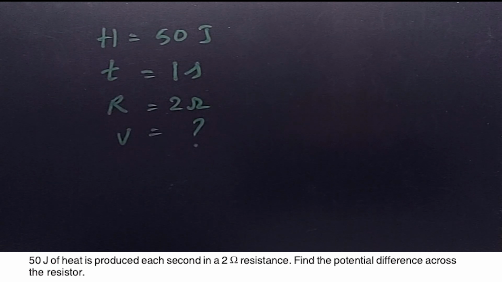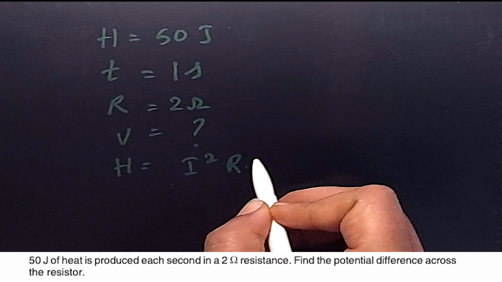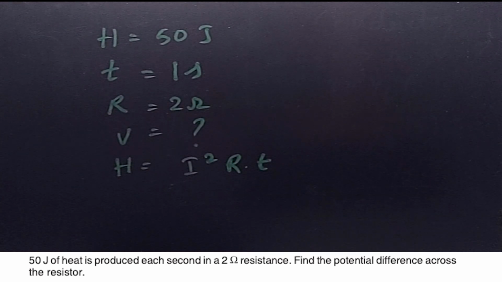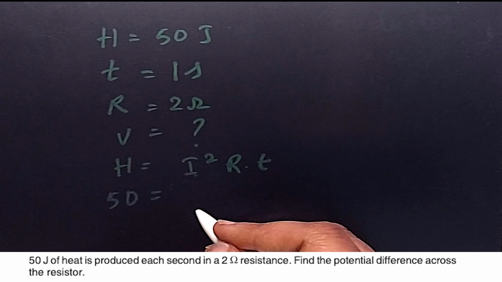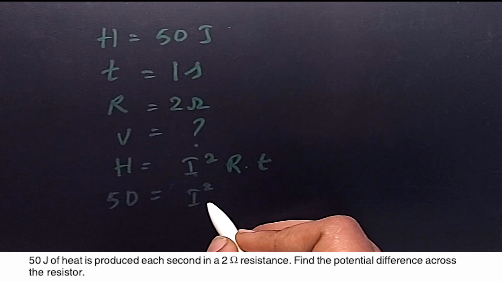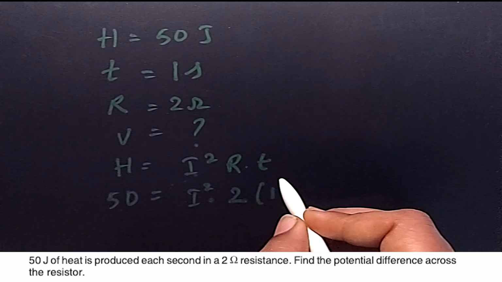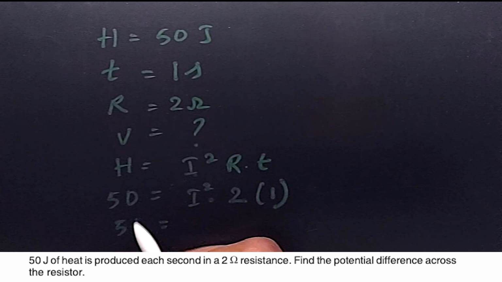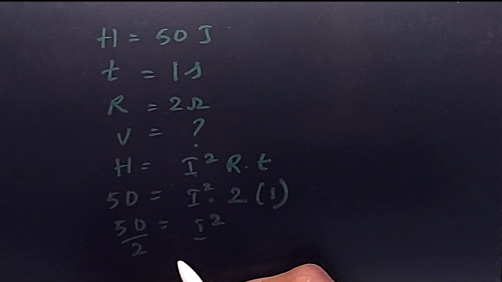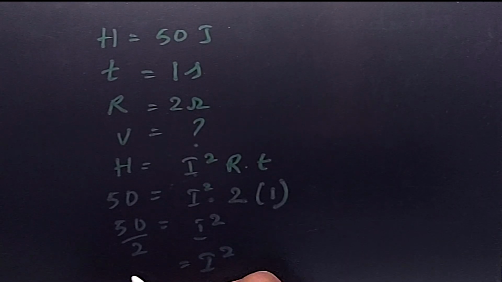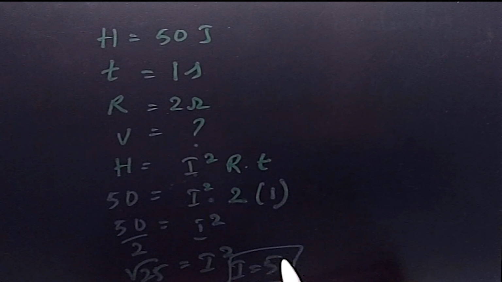From Joule's law of heating, we know that H is equal to I square R T. H value is 50, I square is unknown, R is 2 ohms, time is 1 second. 50 by 2 is I square, that is nothing but I square is 25, hence I is 5 amperes.